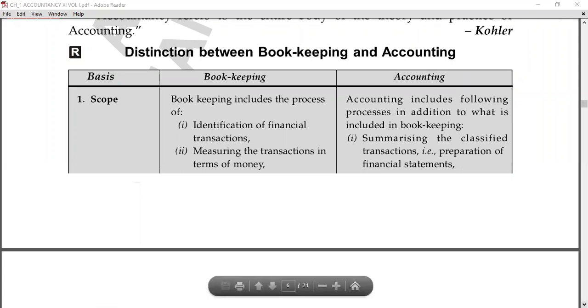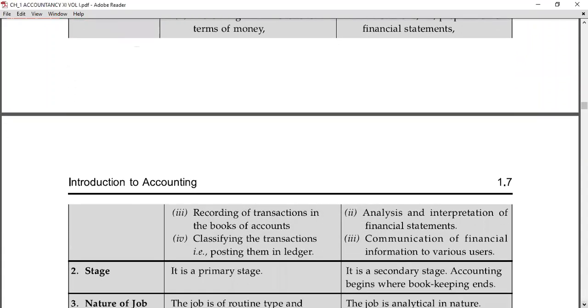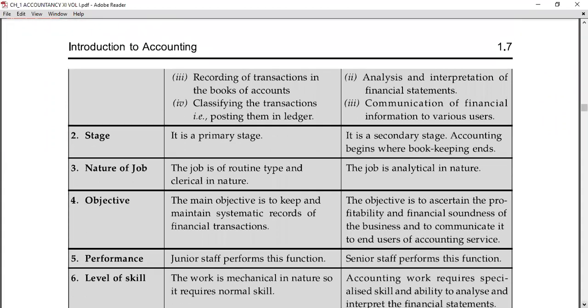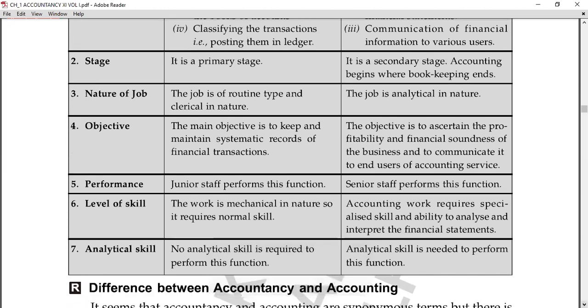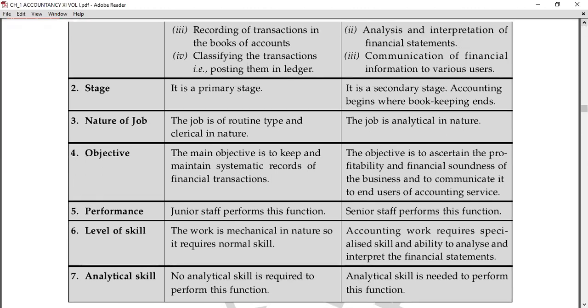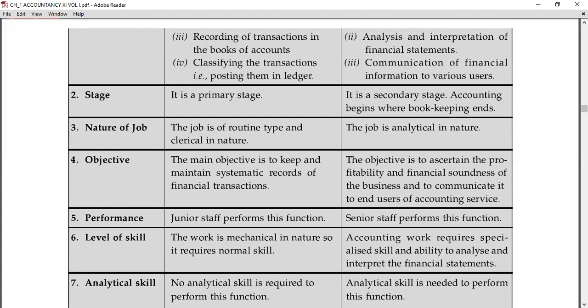Put a full stop and further continue. Account is prepared at the classification function of accounting, and is also known as ledger accounts.